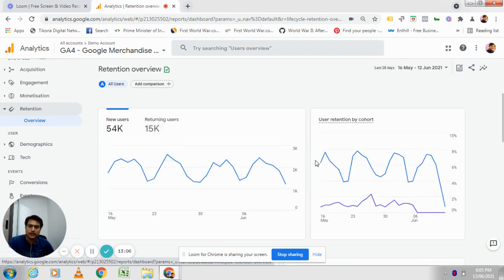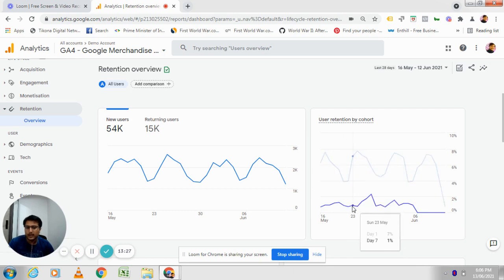In retention rate, what is important is the user retention cohort. If the numbers are less, like you can see here, day one 6%, and by 23rd of May it has become 1%. It means out of 100 people, 6 people have engaged, and out of them only one person is getting engaged by day 7.